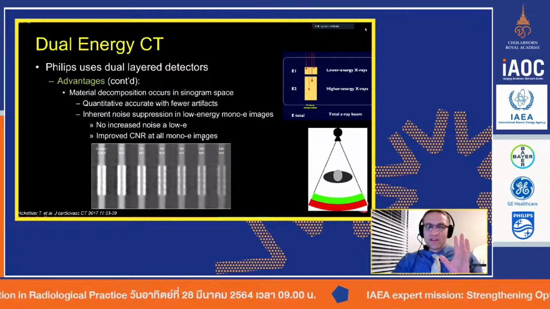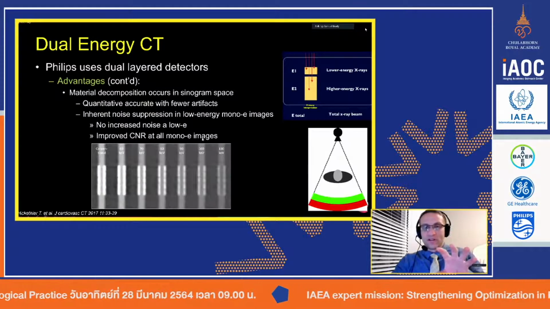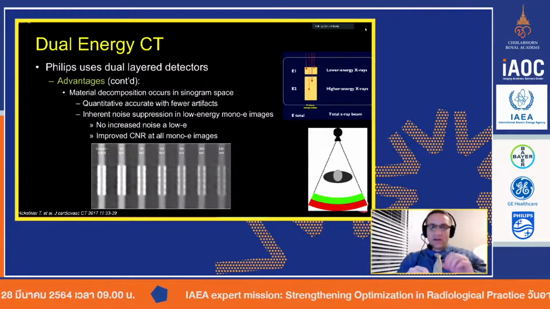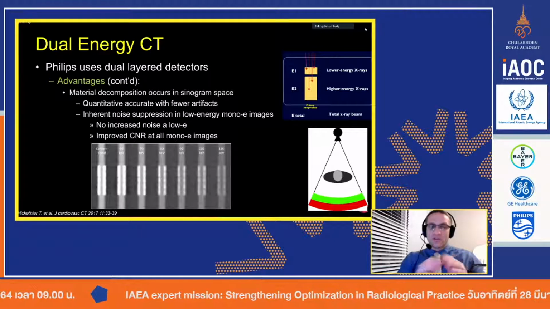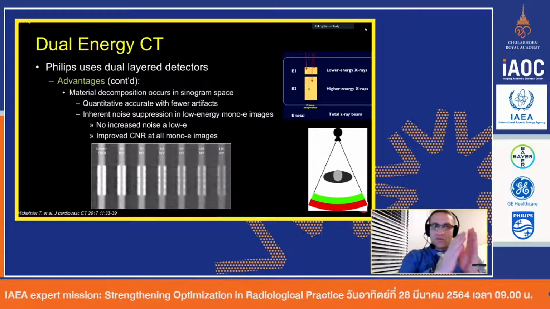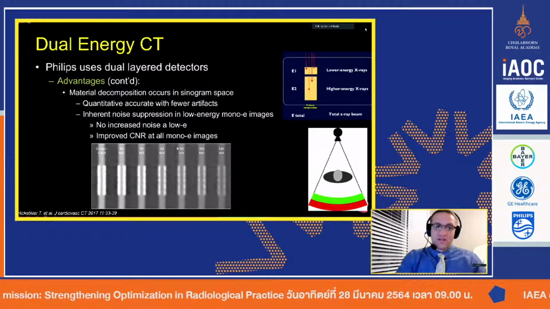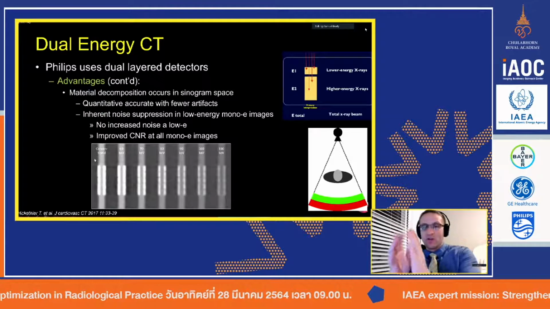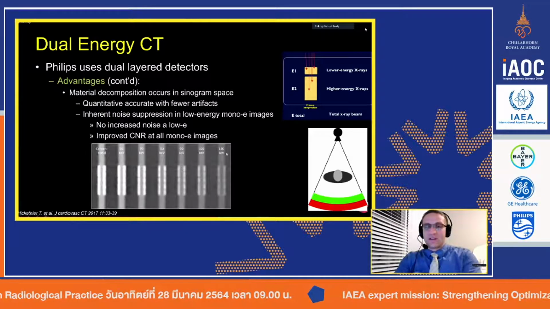But one of the advantages of reconstructing with dual energy is obviously you can determine which material is which, calcium, iodine. But we can also create different looking images. We can create really high contrast, low mono E images, and we can create low contrast, but low noise.